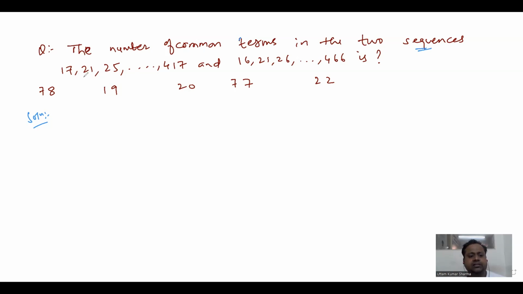You can see that the sequence follows a trend of plus 4: 17 plus 4 is 21, 21 plus 4 is 25, and so on. So it's an arithmetic progression with a common difference of 4. And the second series that we can see is 16, 25. So this is another arithmetic progression, AP, with a common difference of 5. So let us understand, we need to find out the common terms between them.